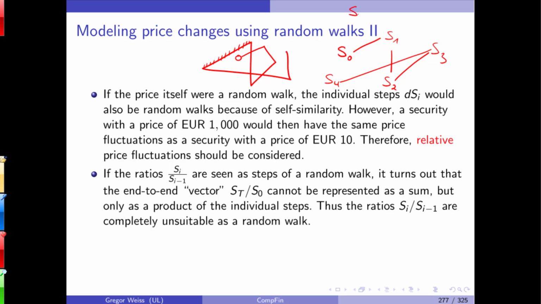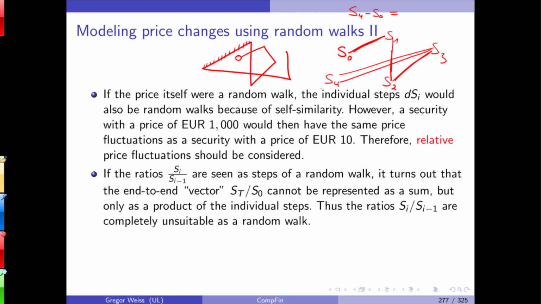The difference S4 minus S0 has to be equal to S0 plus S1 plus S2 plus S3 plus S4. The end-to-end vector has to be the same as the sum of all those individual steps. Simple linear algebra or vector space algebra.